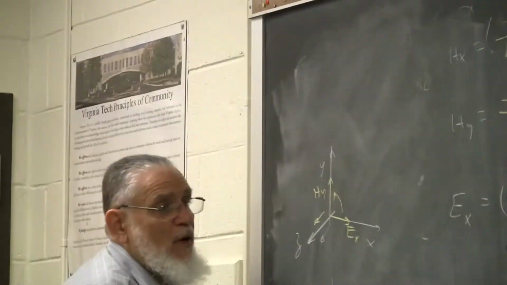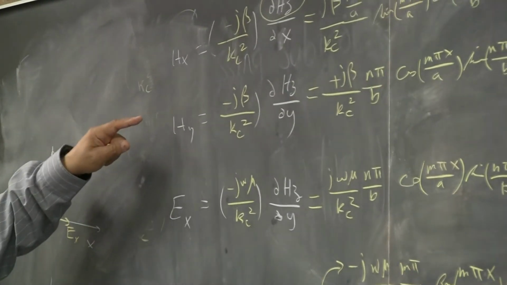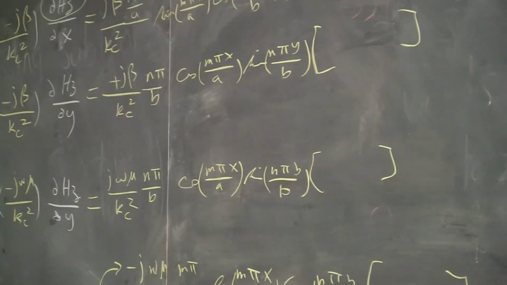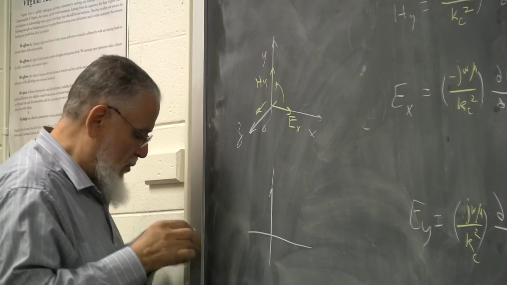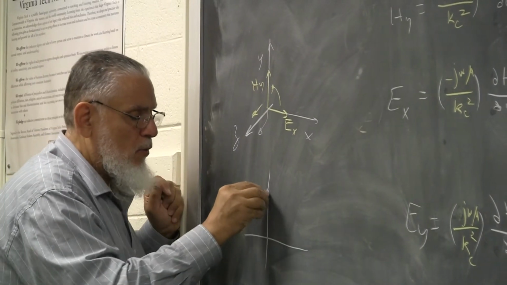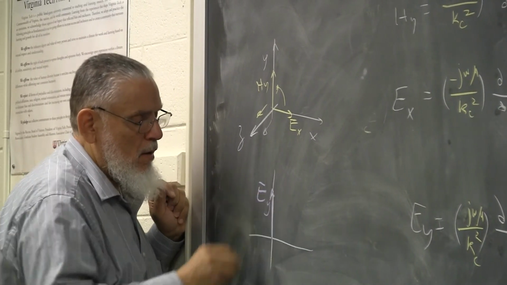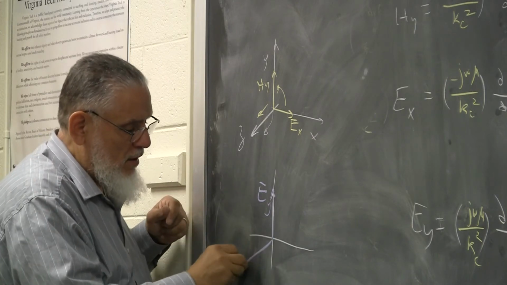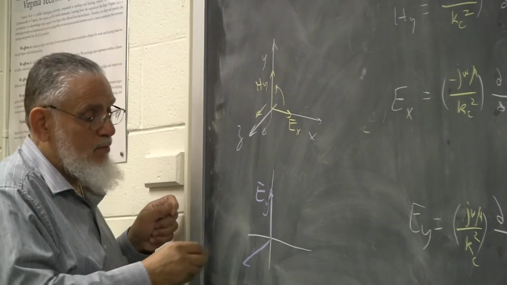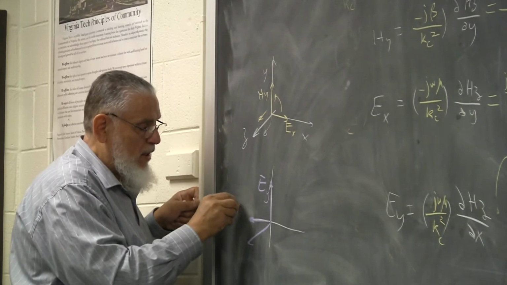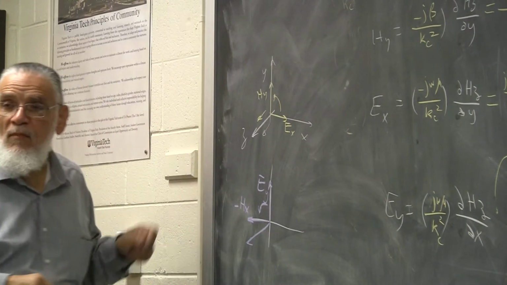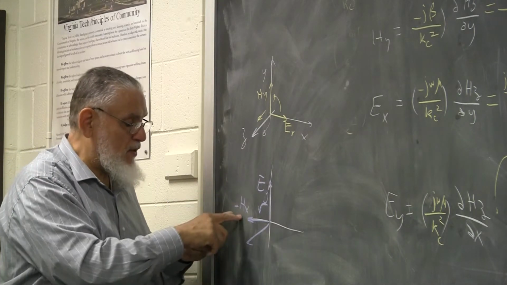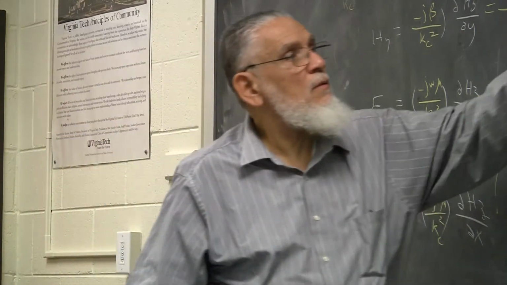But if you want to talk about the other combination which gave us a negative sign, that was EY and HX. So that's your EY here. Let me do that in a different color. EY. To get a right-hand system with that, you need to talk about negative HX. So the ratio between EY and minus HX still gives you the same impedance.